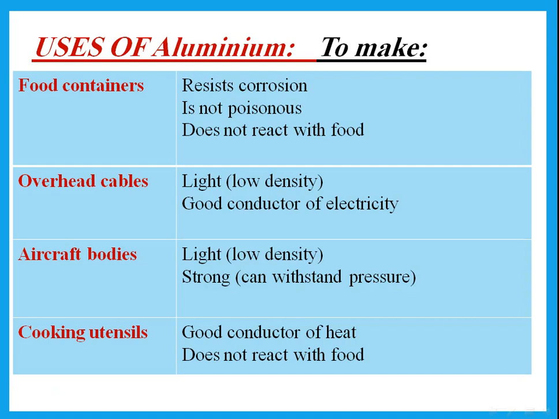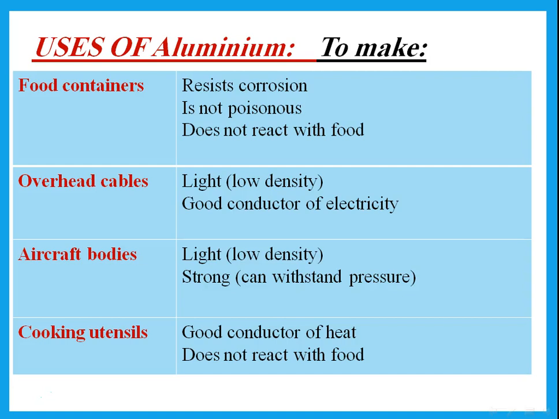In order to make overhead cables, I need a metal that conducts electricity, but that is low density or light, so that I don't need to put a lot of poles in order to connect electric wires from one city to another, for example. So I use aluminium for overhead cables. Why? Because it has low density and it's a good conductor of electricity.